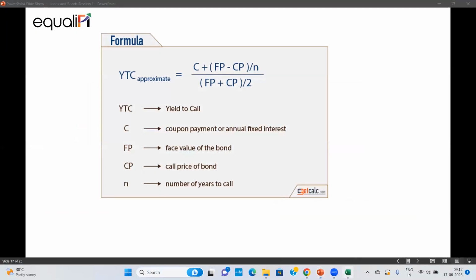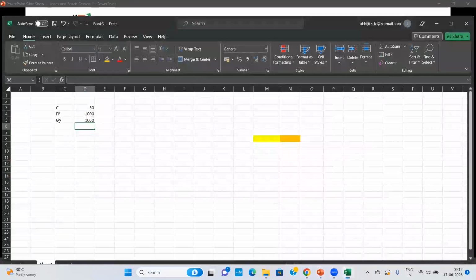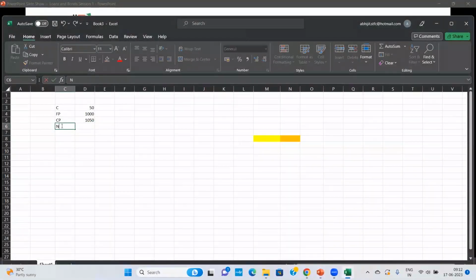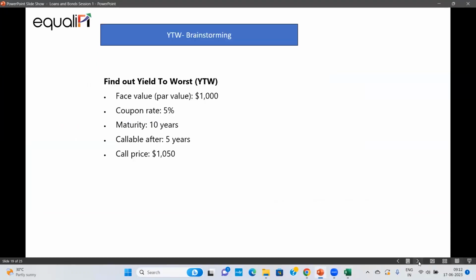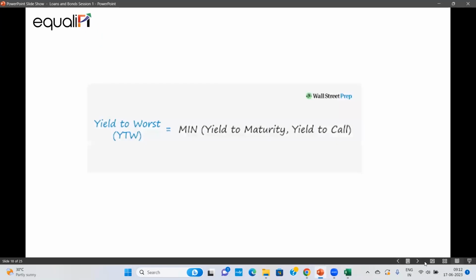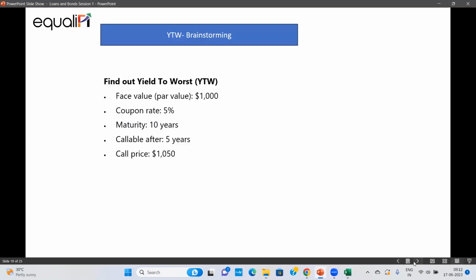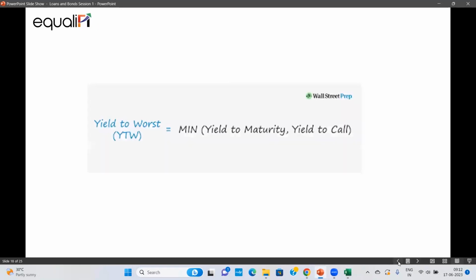Number of years to call is 5. Callable years is 5, right? Not the maturity one.